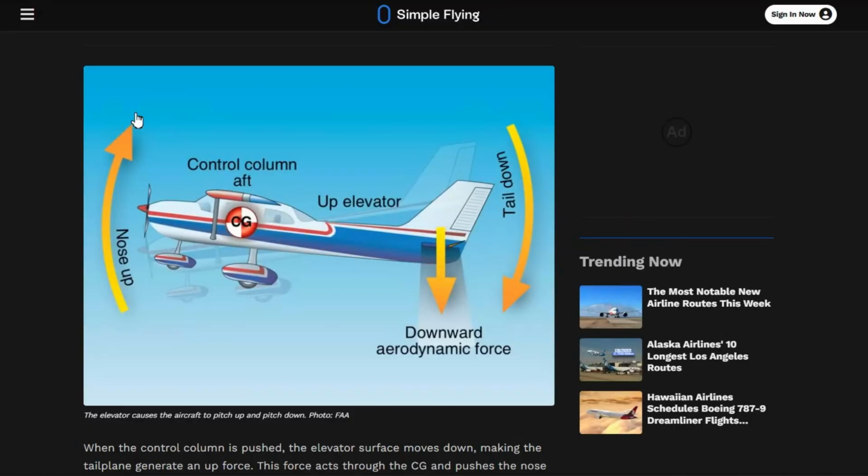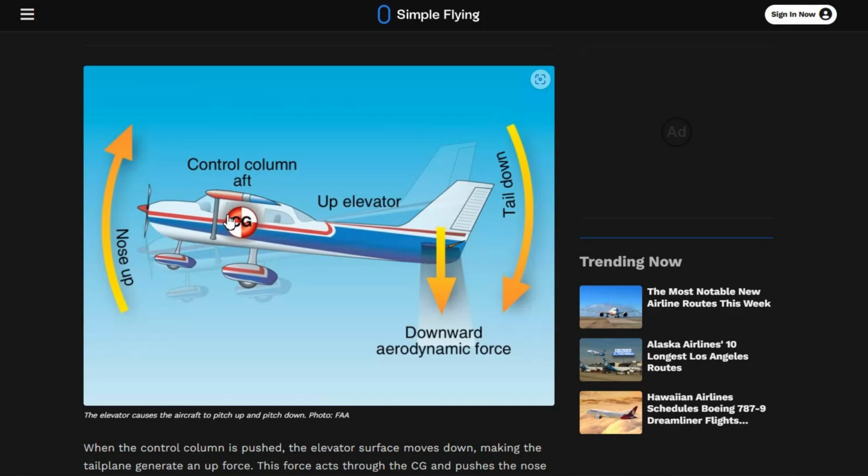And second, the elevators are here where my cursor is. The center of mass of an aircraft is somewhere around this part of the aircraft, so we can control the nose. This is the nose, and at the end this is the tail.